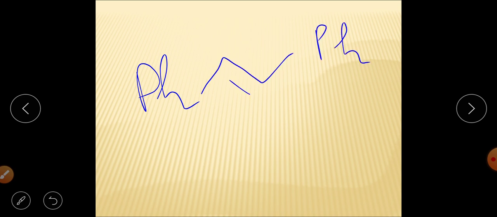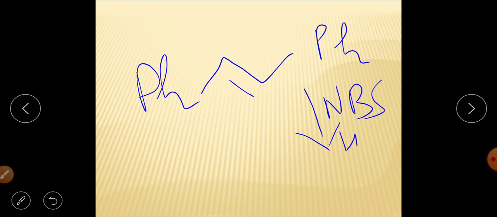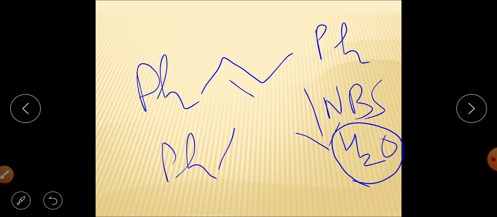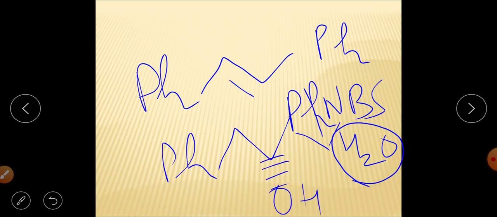When it is reacting with NBS in presence of H2O, what will happen? Because the reaction is taking place in presence of water molecule, there will be availability of another nucleophile. The product synthesized during this reaction will have the hydroxyl group here and the bromine group here, right?